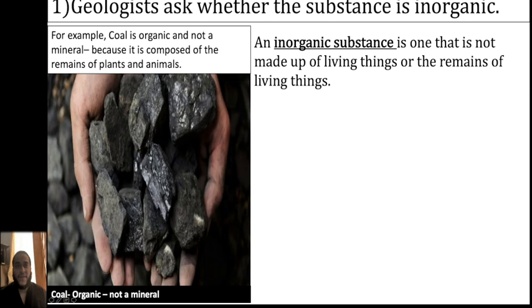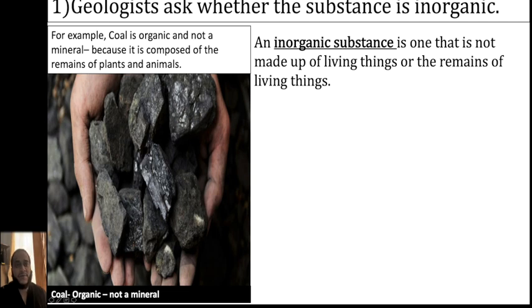Number one, geologists ask whether the substance is inorganic. An inorganic substance is one that is not made up of living things or the remains of living things. For example, coal, as shown in this image here, is organic and not a mineral because it is composed of the remains of plants and animals.